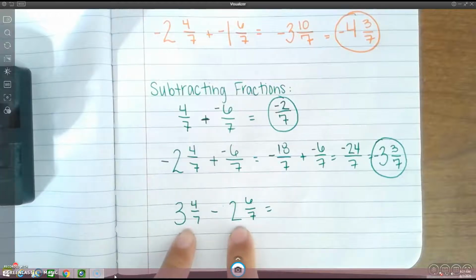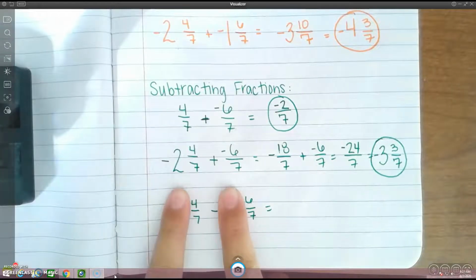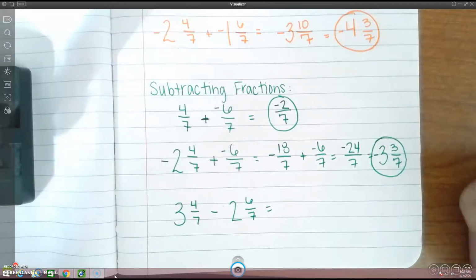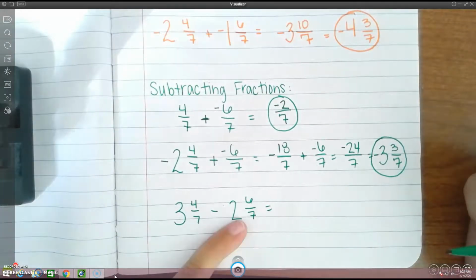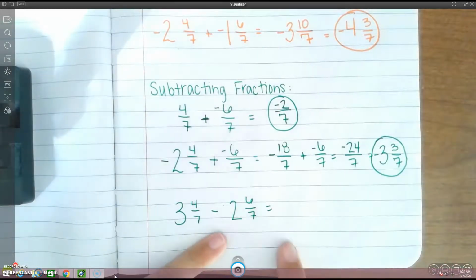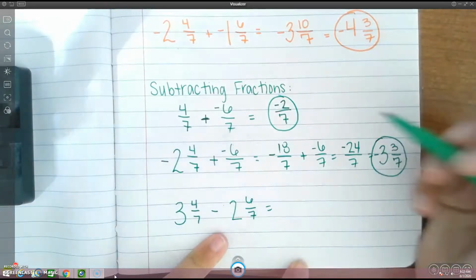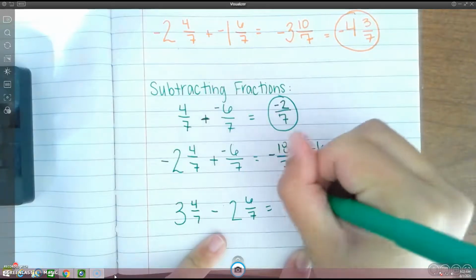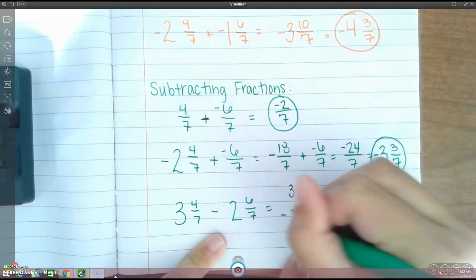But since we have whole numbers, it's actually not going to be a negative here. So the way that 7th grade teachers taught this was you first are going to line these up vertically. So 3 4/7 minus 2 6/7.